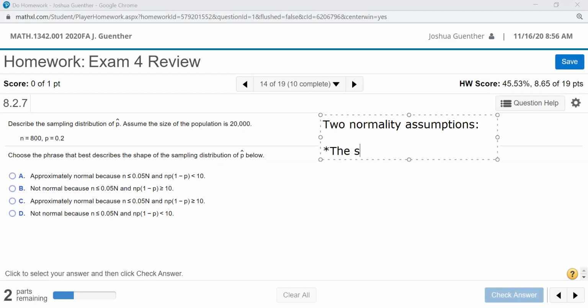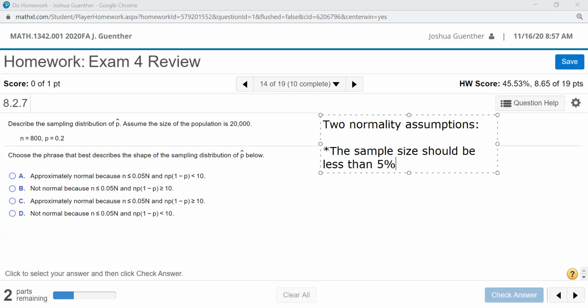One is that the sample size should be less than 5% of the population size. Because if the sample is too large, you're getting too much of the population almost for it to be a true sample and for us to really want to use some of our techniques.